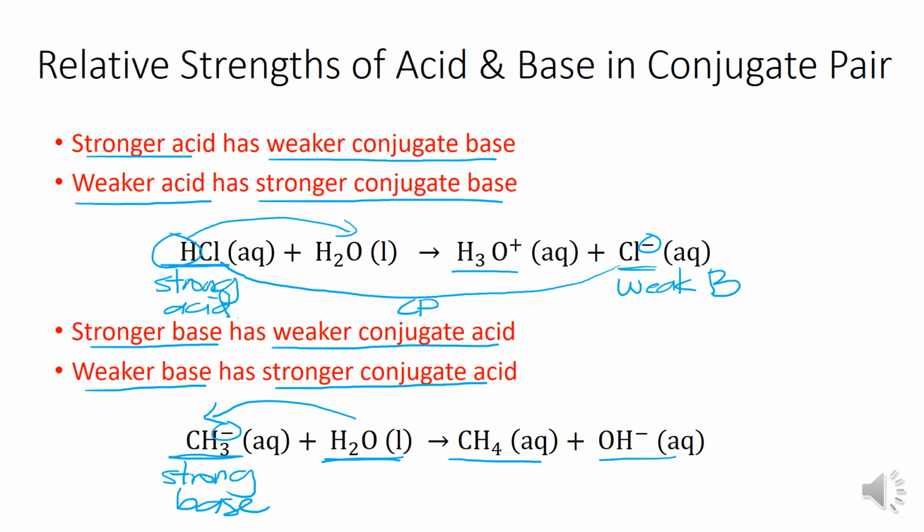Methane is produced from methyl, so these two substances form a conjugate pair. Since methyl is a strong base, we can say that methane is a weak acid. So again, in a conjugate pair, you can have a strong acid but weak base, or a strong base but weak acid.